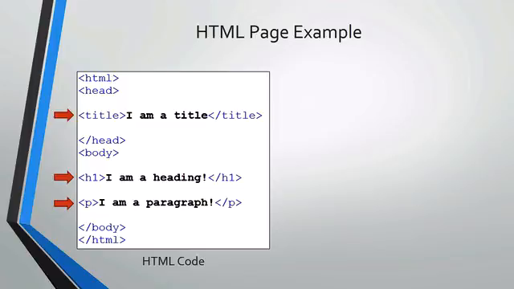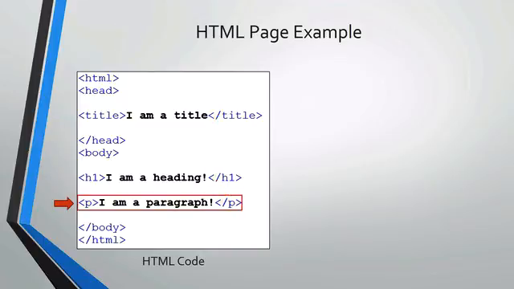Now you'll notice that all of these text items are surrounded by 2 tags. And one of these tags actually has a / before the tag name at the end. The reason for this is that in HTML, we need to tell the browser where the tag ends. So this is done by adding the same tag with a / to the end of the content you want it to affect.